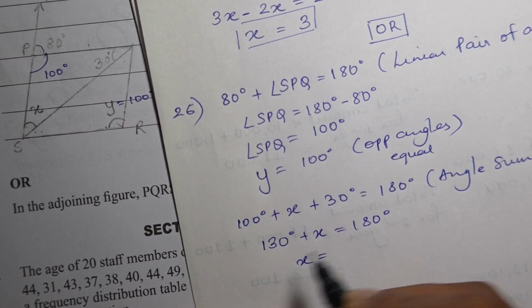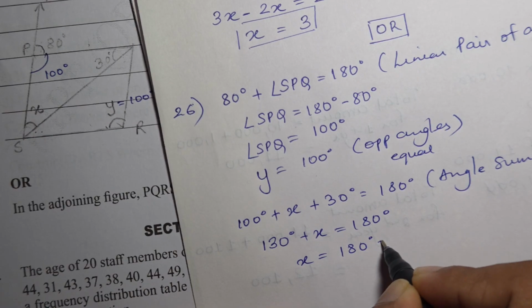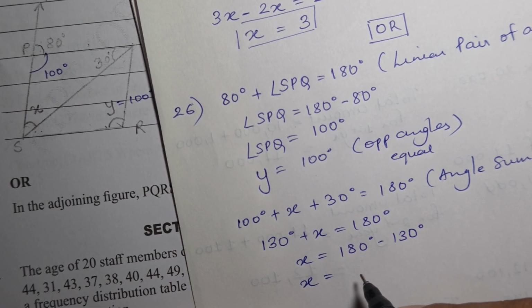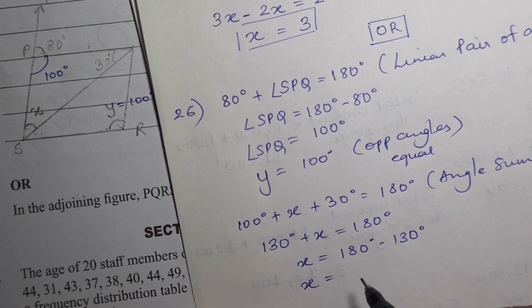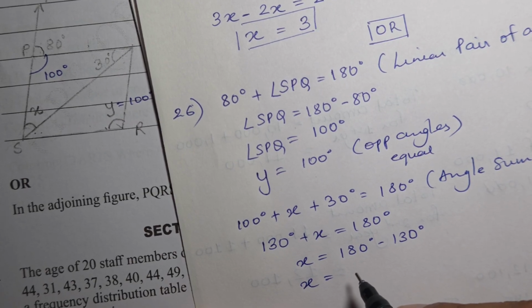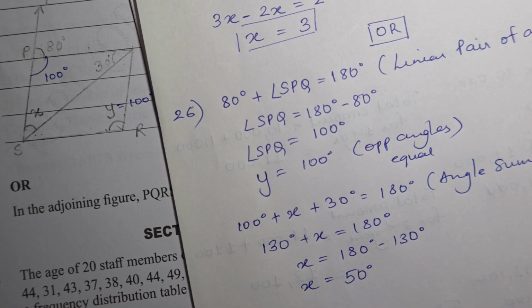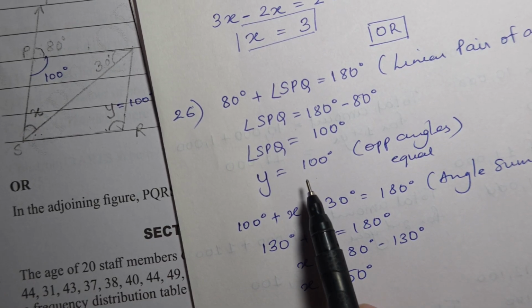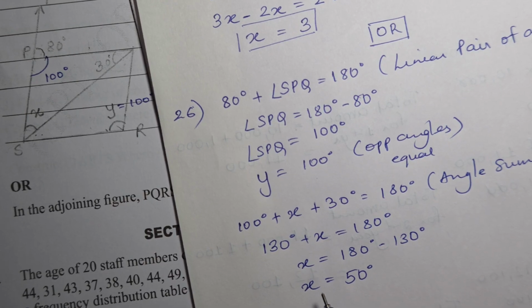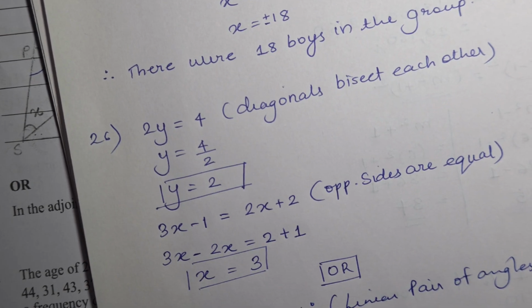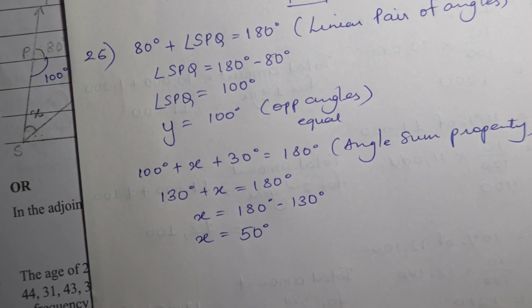So if I take 130 that side, 180 degrees minus 130 degrees, X is equal to how much? 50, correct? Yes, 180 minus 130 is 50 degrees. So did I find X as well as Y? Yes. So both these problems, that is 26 first one and the second one, both are easy.